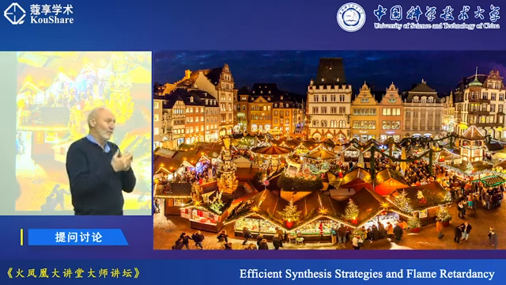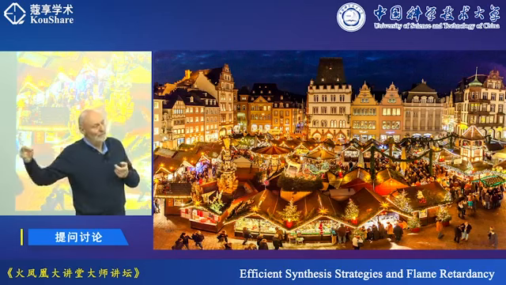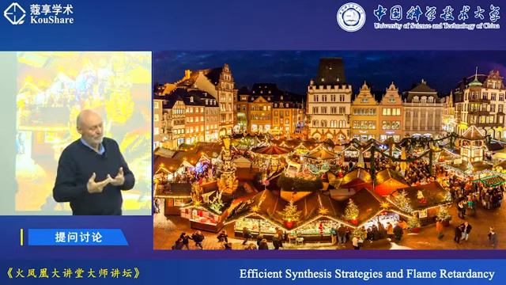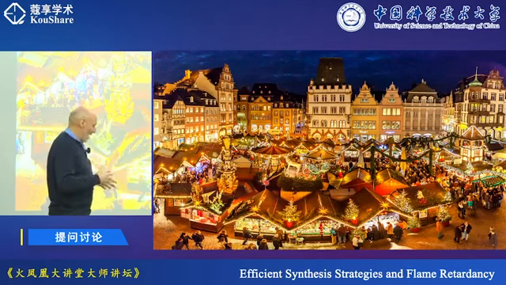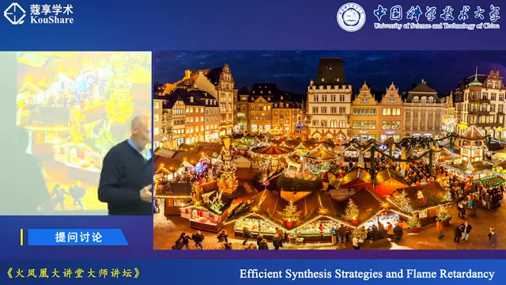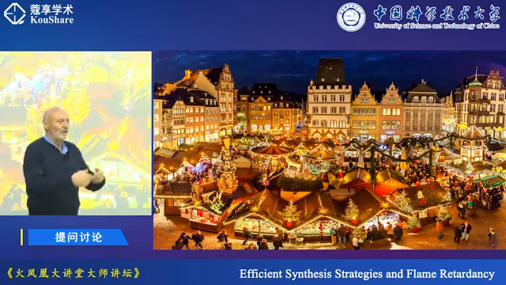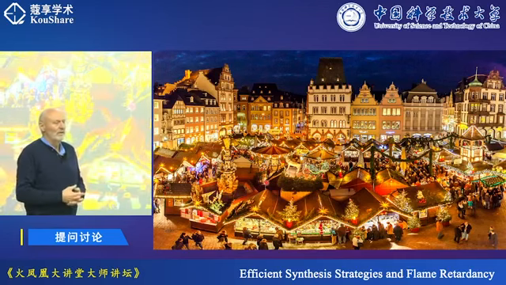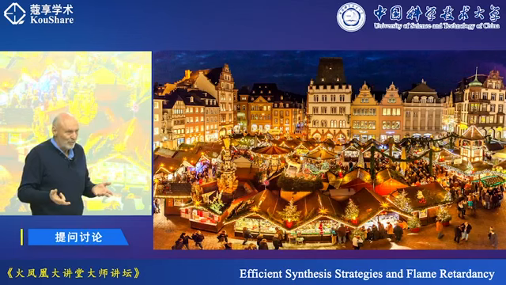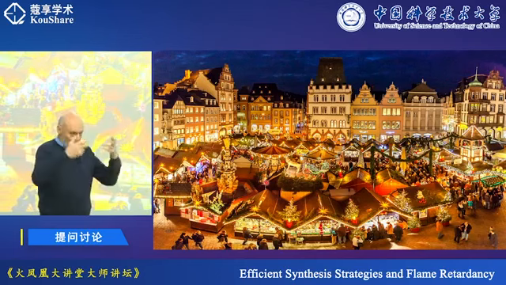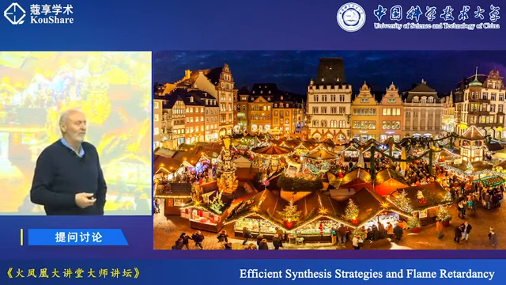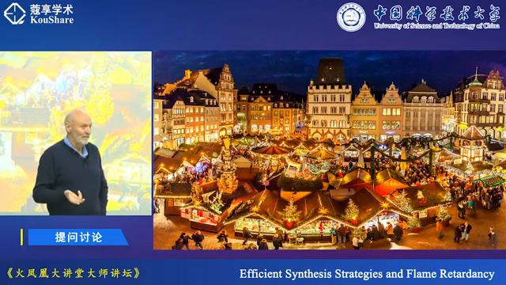And atom economy means you introduce only small so-called helping materials like bases or acids to catch special products. That means as well low side products. All three things together should be optimized.